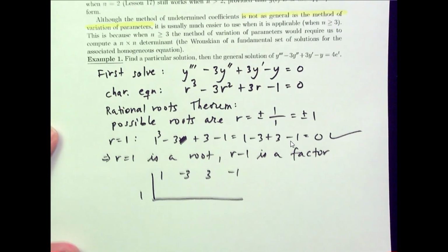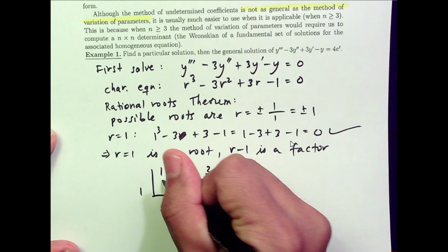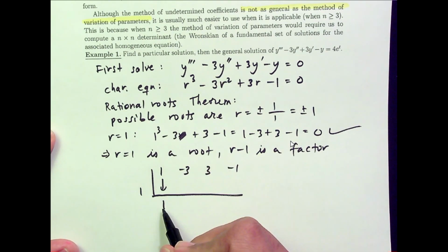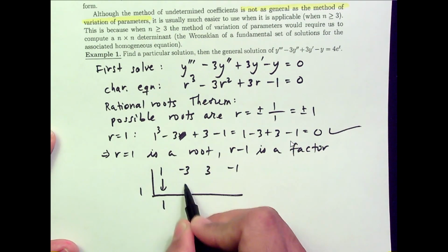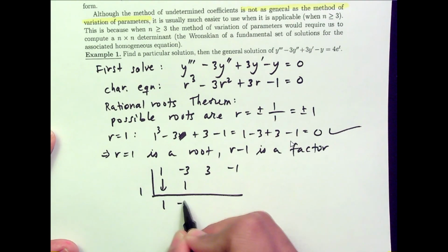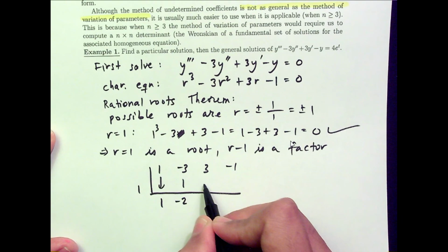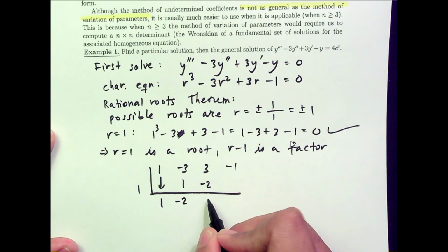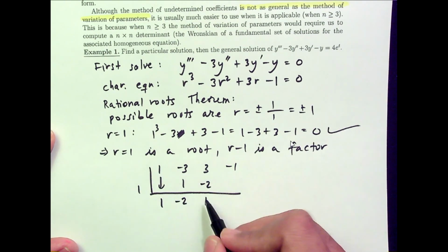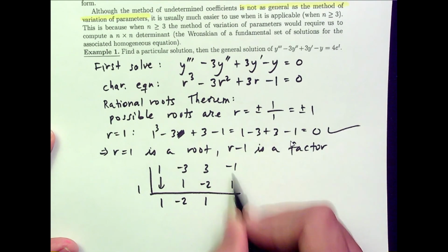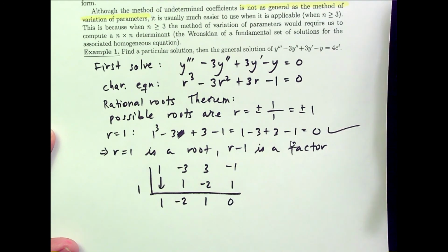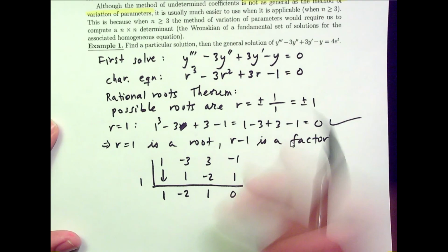Bring the 1 down, then multiply. 1 times 1 is 1, add down, that's -2. -2 times 1 is -2, add down, +1. 1 times 1 is 1, add down is 0, which we expected the remainder to be.